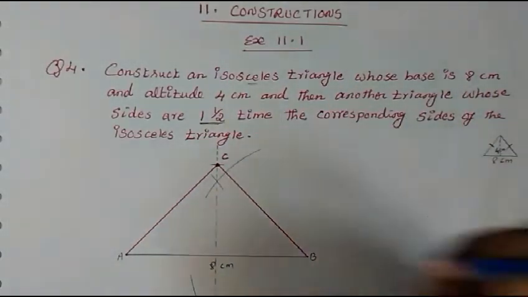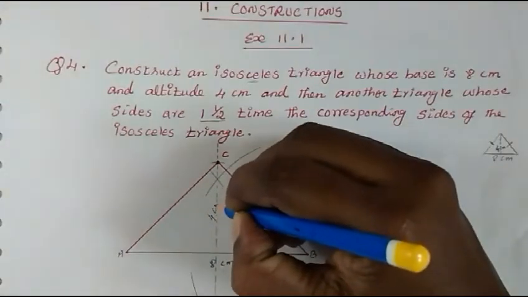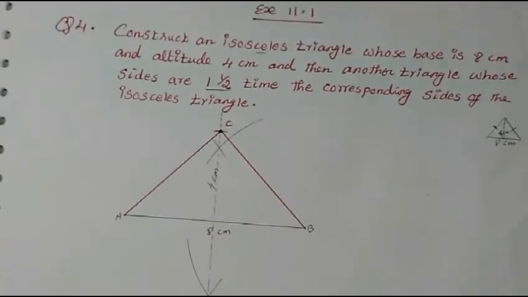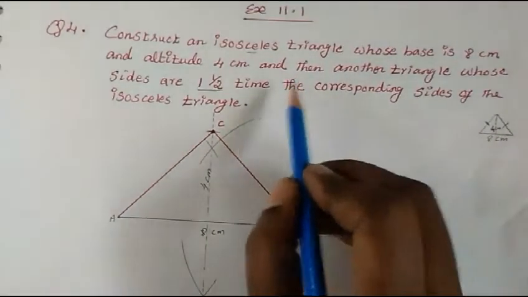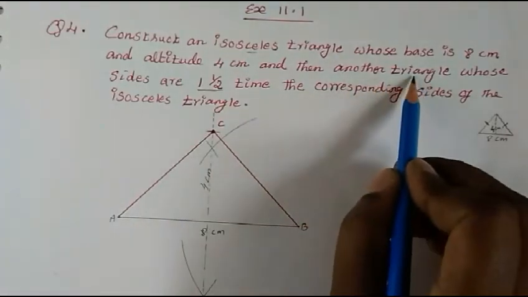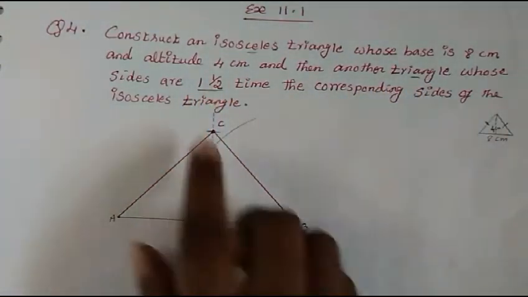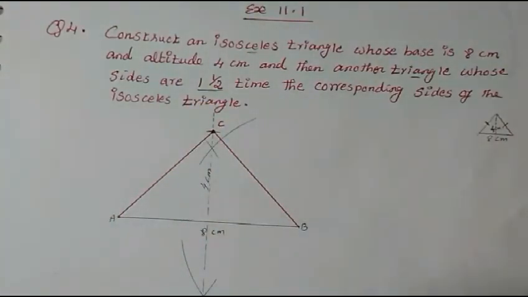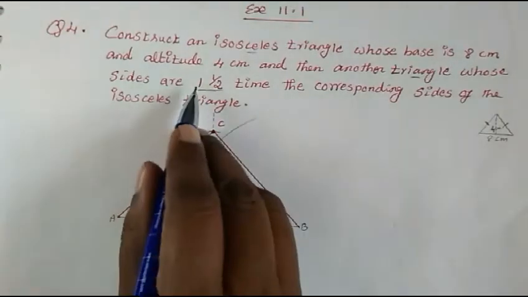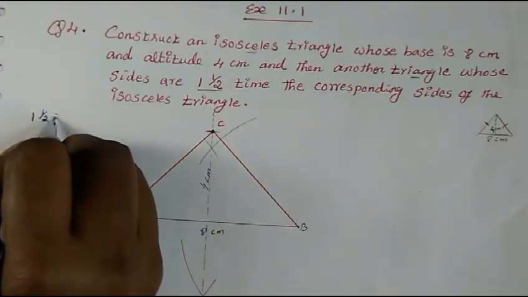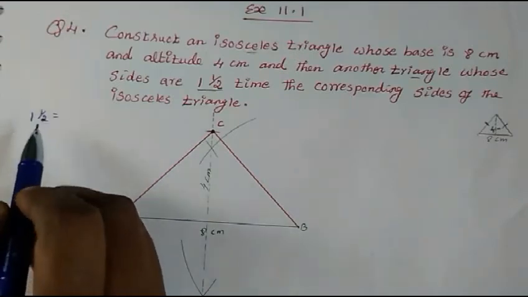If you want, you can write down 4 centimeter. Better to mention all the details, then it is easy for the examiner to check. Now we have to construct another triangle whose sides are of this. So now this is a mixed fraction, so you have to convert it into an improper fraction.